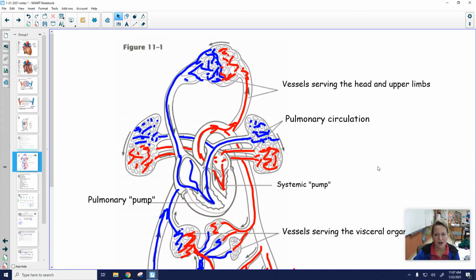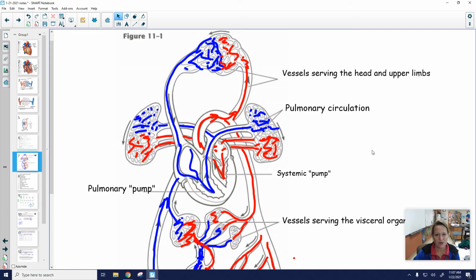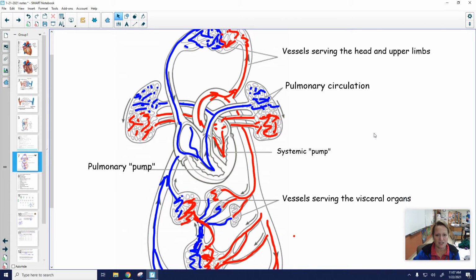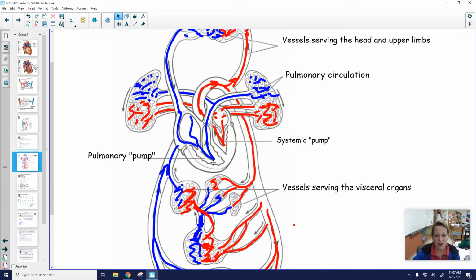On Friday, I went through this with you, correcting this part. So this is showing a capillary bed serving the head and the upper limbs. These are looking at the pulmonary circulation, so looking at blood exchange in the lungs itself. The pulmonary pump, what is bringing that blood to the lungs, is the right atrium. The systemic pump that's pumping to all the rest of the systems in your body is the left, I said left, right atrium, I meant right ventricle.